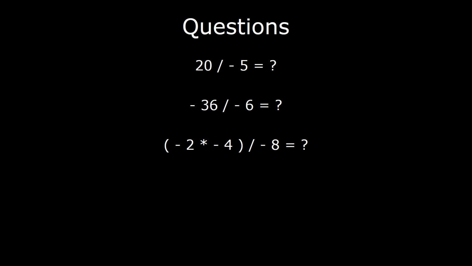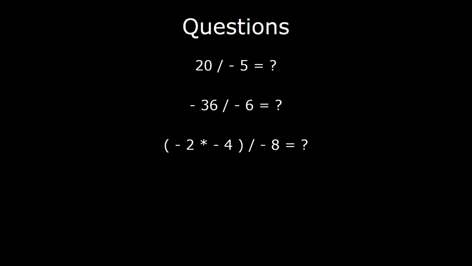We see two negative signs, and in multiplication too, they just cancel out. So we're just looking at 2 into 4, and we know that 2 into 4 is 8. So the numerator has simplified to minus 2 into minus 4 equals 2 into 4 equals 8. Now the expression thus becomes 8 upon minus 8.